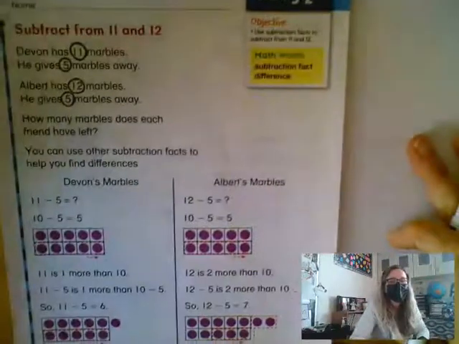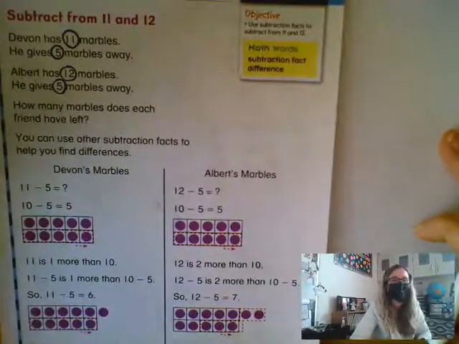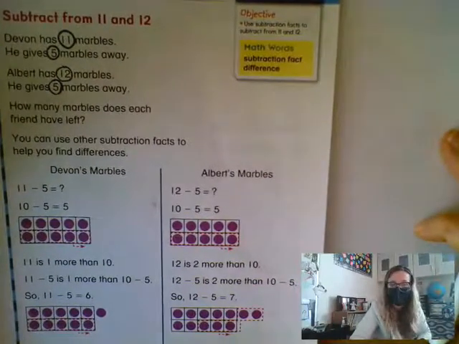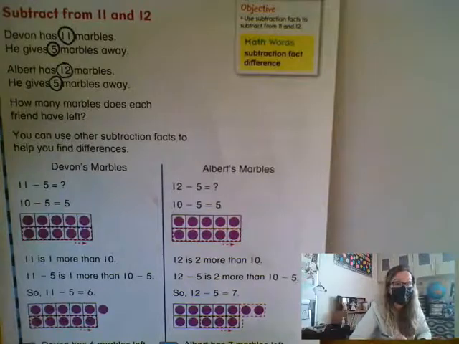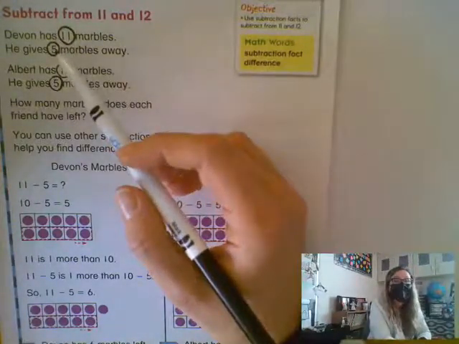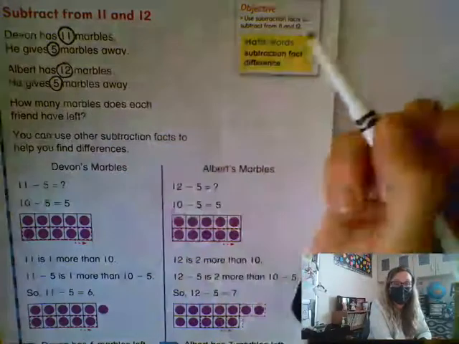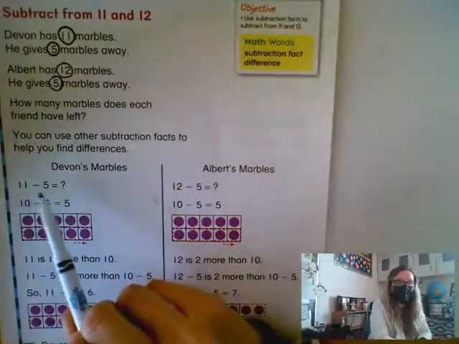So it says you can use other subtraction facts to help you find the differences. So 11 minus 5 is the first one we're looking at because he had 11 marbles and he gave away 5. So we're looking at this 11 take away 5 or 11 minus 5.